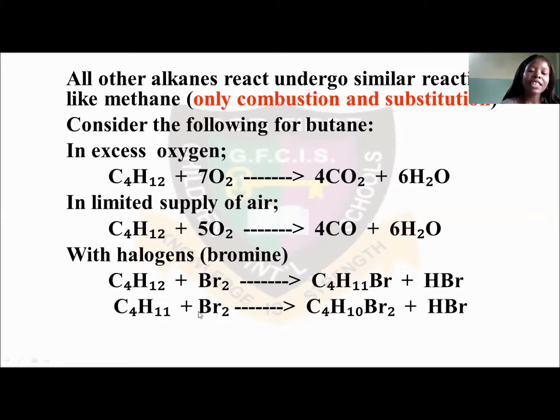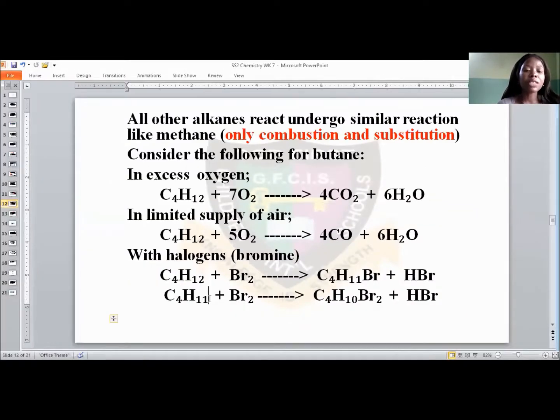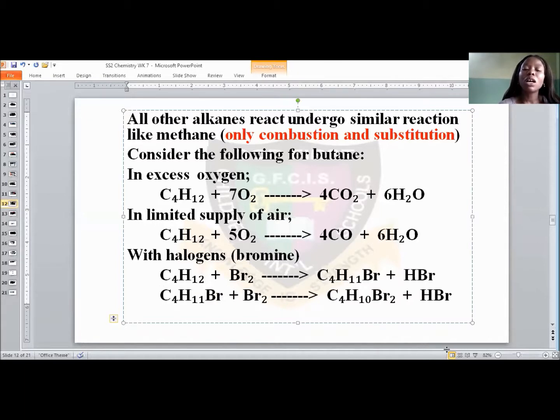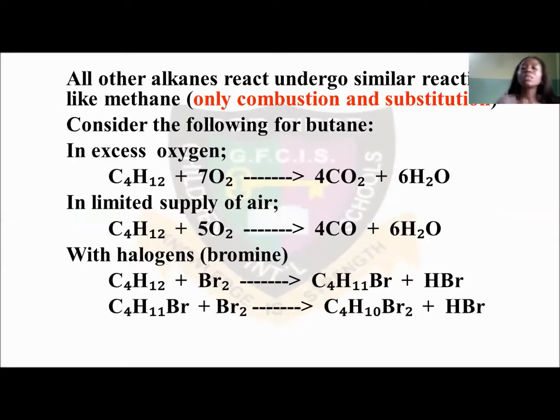Now, bromobutane will react with more bromine to give you dibromobutane. So the process continues until all of the hydrogen in butane is substituted. So it's a step-by-step process.